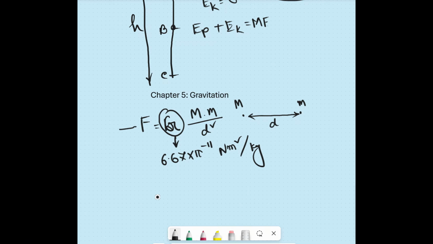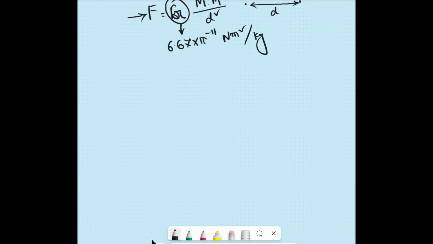By using this equation we can solve lots of problems. From Newton's law, which we learned, F equals G m1 m2 over d squared.